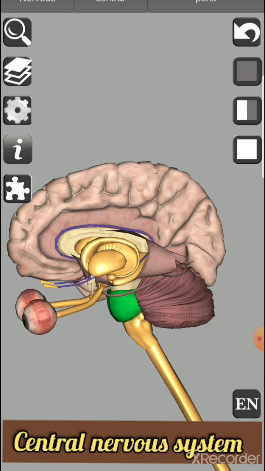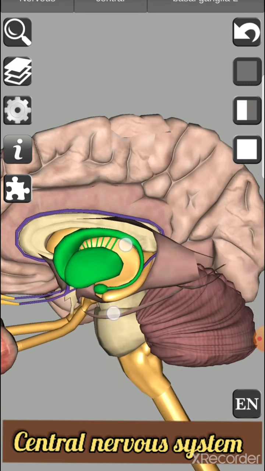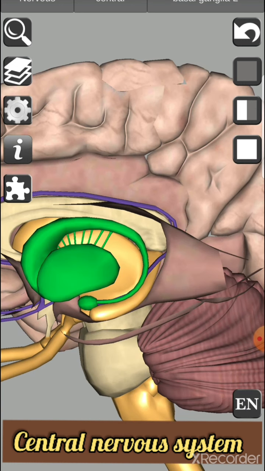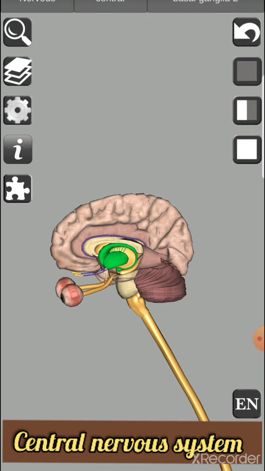This is known as pons, and this particular part is the corpus callosum. This is the thalamus, and here you can see a peanut-like gland, known as the pituitary gland. So these are the parts of the brain. Let us see what their functions are.